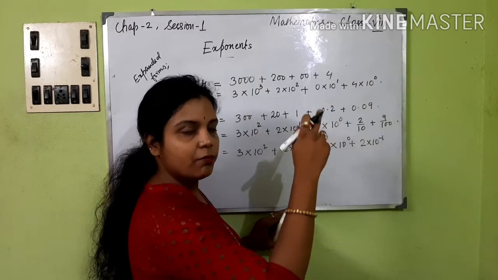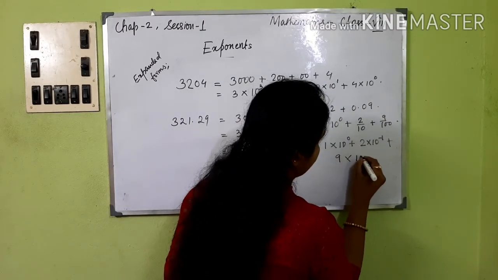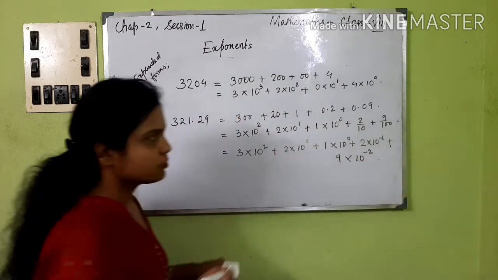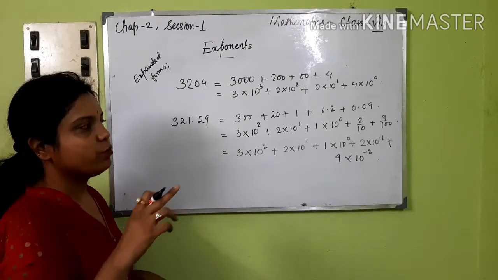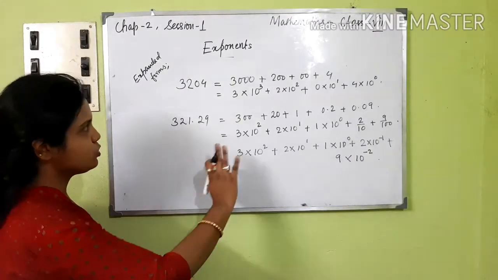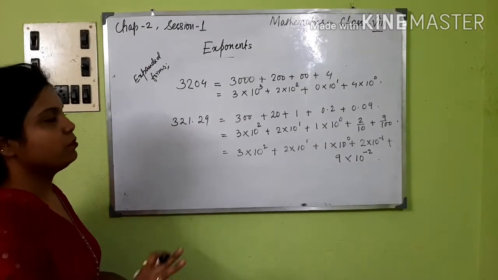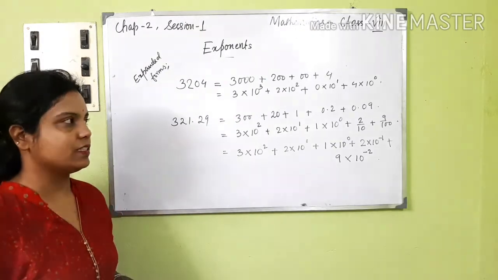As we take that up, it will become negative, plus 9 into 10 to the power minus 2, because 100 means 10 square. So whenever we are putting that in the numerator, it becomes 9 into 10 to the power minus 2, right? So this is the expanded form of the numbers, how we write it. Okay, go through that. I think it will be very easy and simpler.